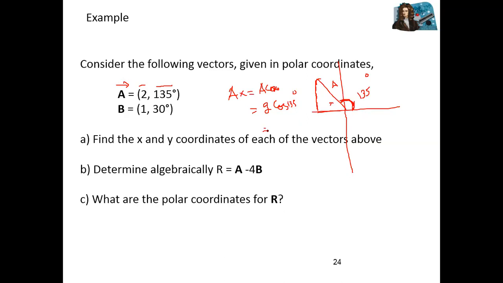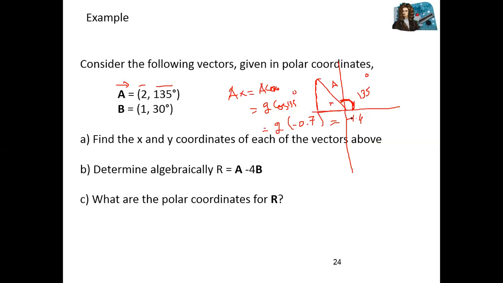Great, correct. You are right. So let me find cosine of 135 equal to minus 0.7, I think. Yes, it's 2 multiplied by minus 0.7. Multiply these two and you will receive 1.4, but minus.